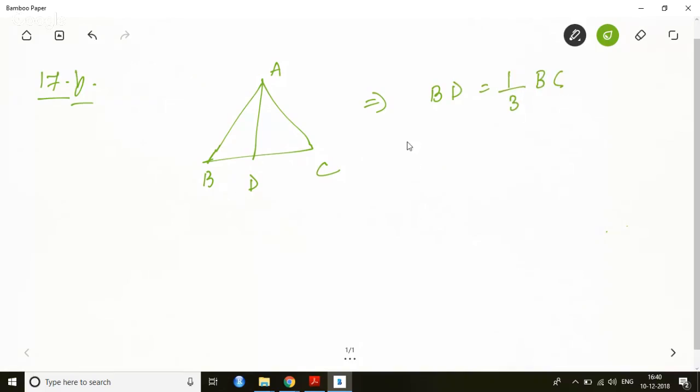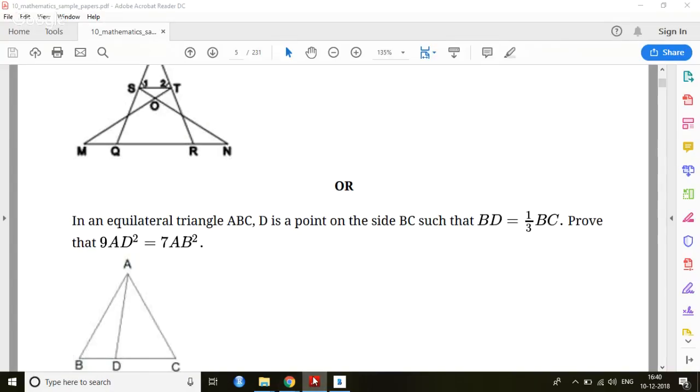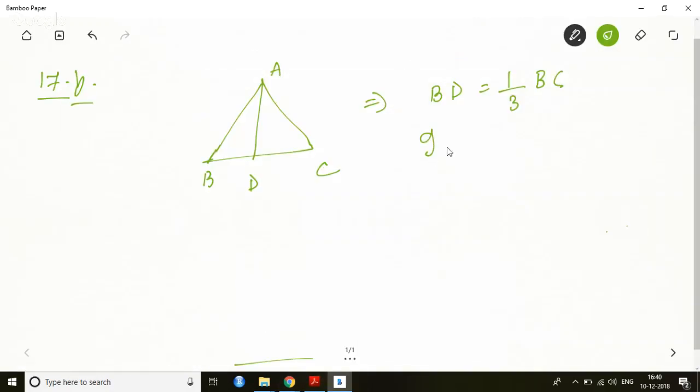So I have to prove that 9AD square is equal to 7AB square.